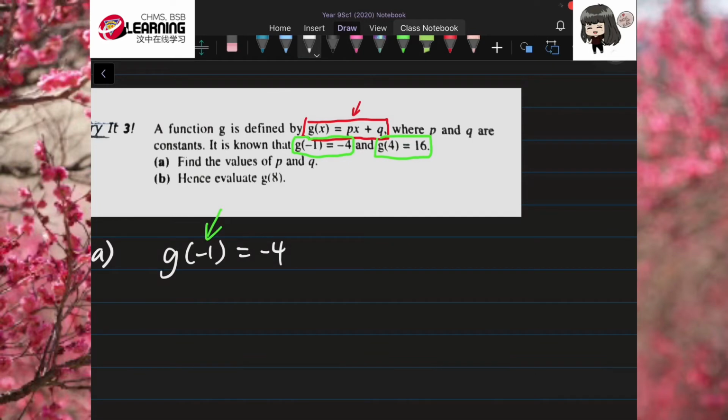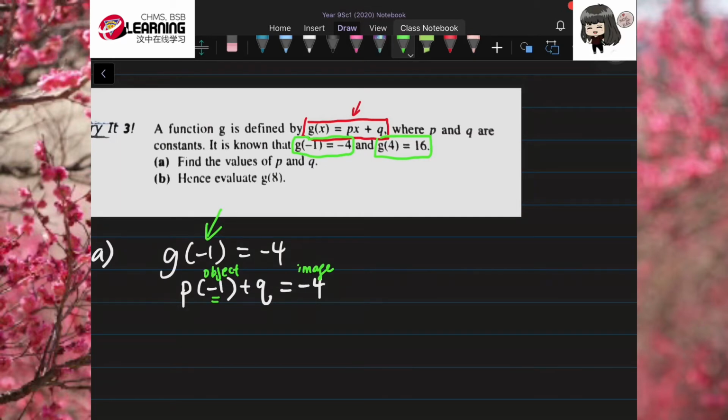So we sub in -1 into our x, so it becomes p times -1 plus q, and it gives you -4.